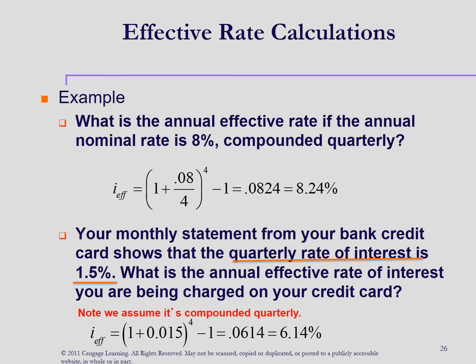Be careful, 1.5% is the quarterly rate, so you should not divide 1.5% by the number of compounding intervals per year, which is 4 in this case.